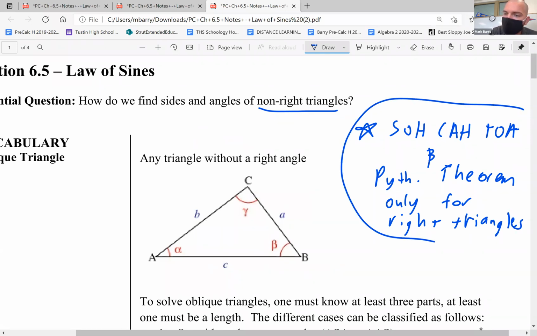So they're only for right triangles. That's why right triangles are so awesome, because we do have so many tools to work with those.